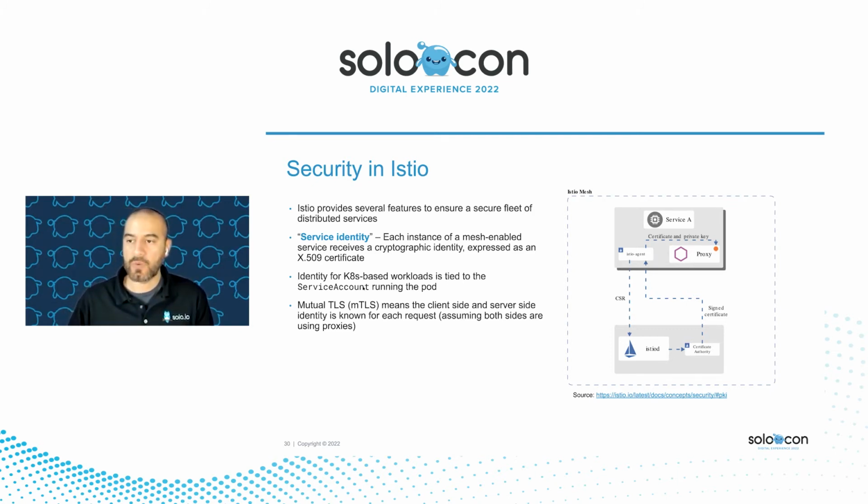So in this diagram, we have service A with a sidecar proxy, and the service account that's running this pod is what is used as the basis for the Istio identity. The way this works is that the Istio agent, which is another process running in that pod, will submit a CSR, or certificate signing request, to the control plane.